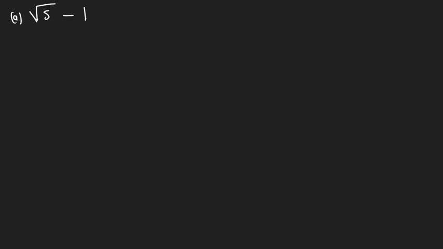How do you prove that this is irrational? Proof by contradiction method. So first of all, you say root of 5 minus 1 is rational.